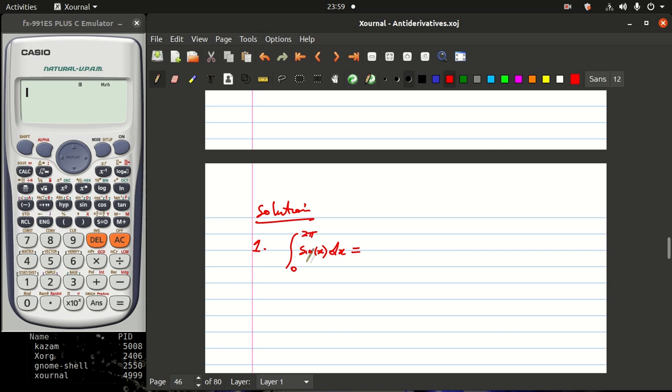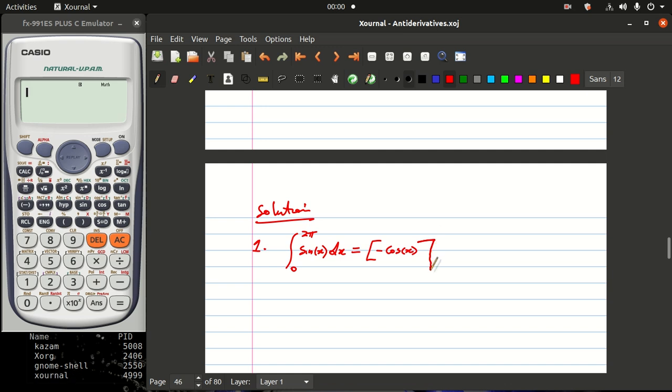So the first thing that you need to realize here is this: what is the particular antiderivative of sine of x? Of course, you know that it is minus cosine of x, which means that if I take the derivative of minus cosine of x, I will get sine of x. That is the meaning of that.